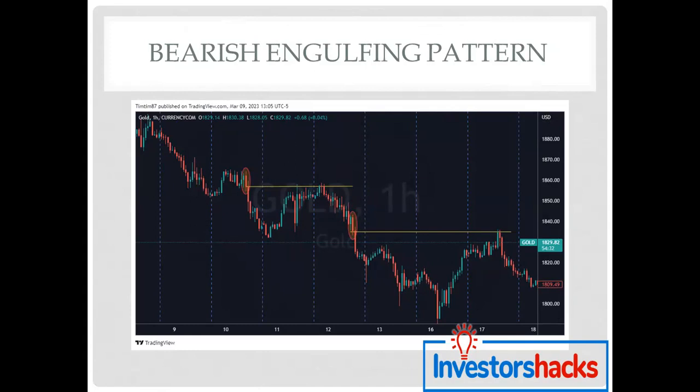Okay, so that is the reason why they are categorized as part of high probability candlestick patterns. Therefore, in the next lesson, we shall be looking at 3 candlestick patterns, and how to be able to trade them.